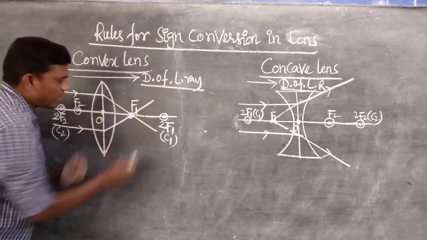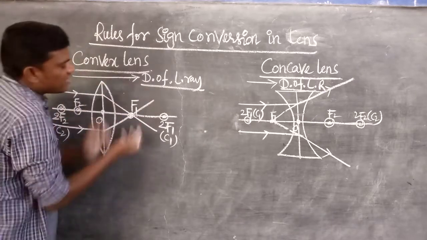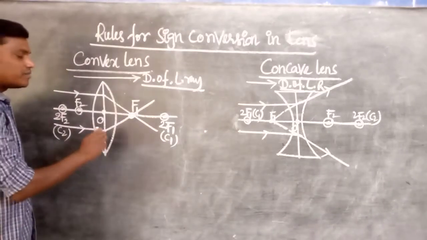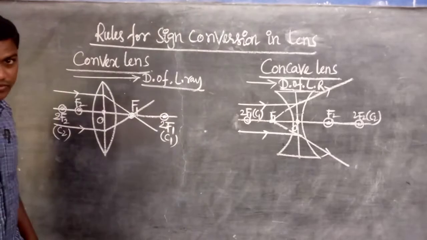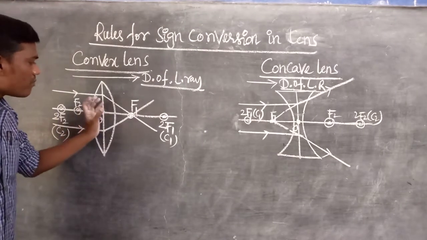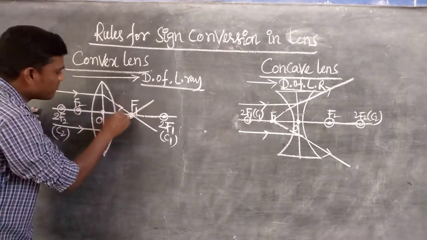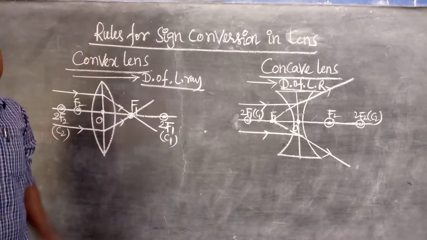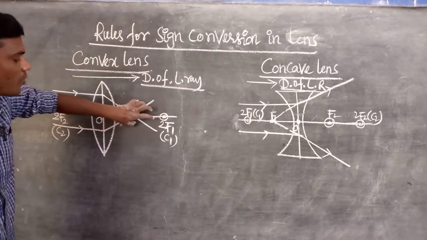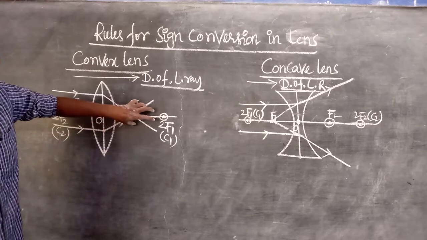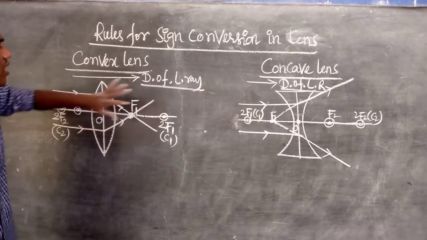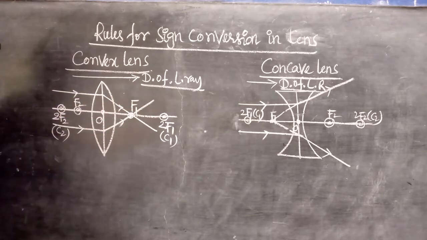So in this one, after the refraction, where the two rays meet, in most cases we know that the rays meet on the other side of the object after refraction. That's why this focus is considered in the case of real image formation. Listen very carefully.